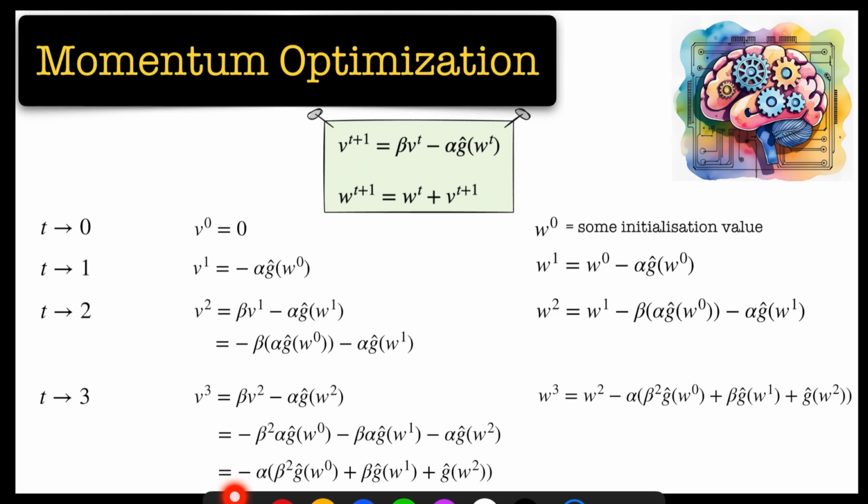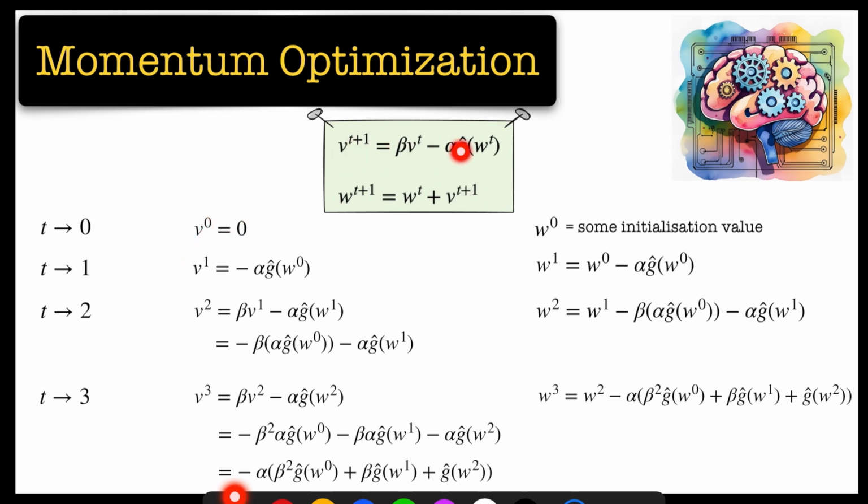Now we'll see how we calculate this momentum for a few iterations, because this will give us some insight. The calculation looks a little bit confusing, but it is very simple. So these are the iterations. V0 is 0, let's say we are starting with 0.